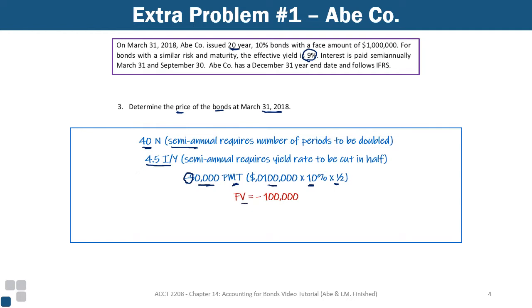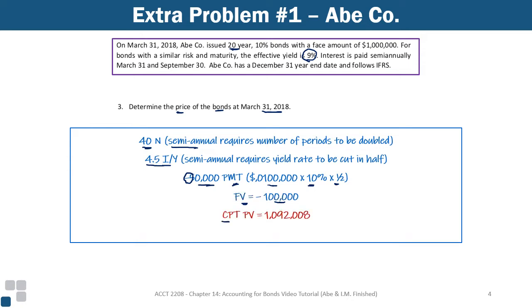Then the next step is to put in $1 million FV. If you put a negative sign in front of that, then you'll end up with a positive outcome. The important thing to note is that if you're going to use the negative sign, you must do it for both the payment and the future value. Otherwise, your calculator will error out.